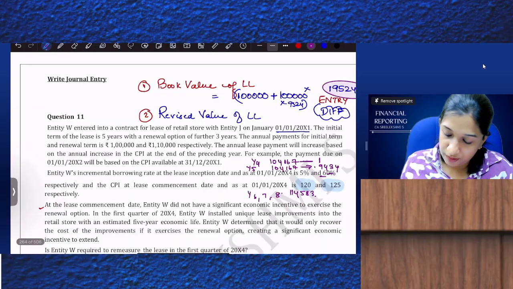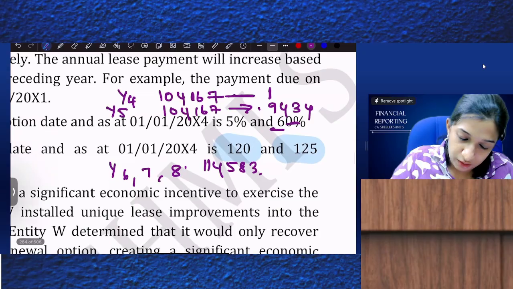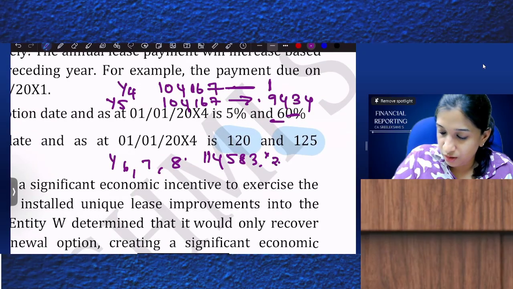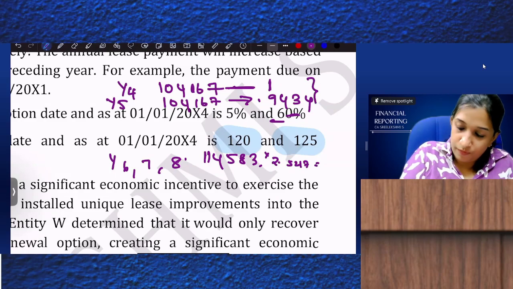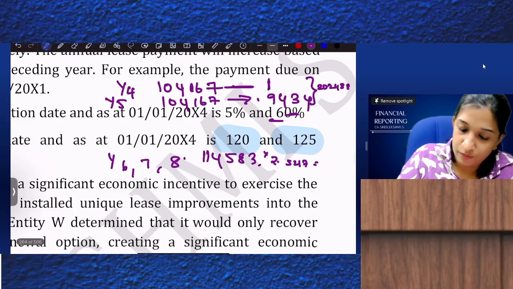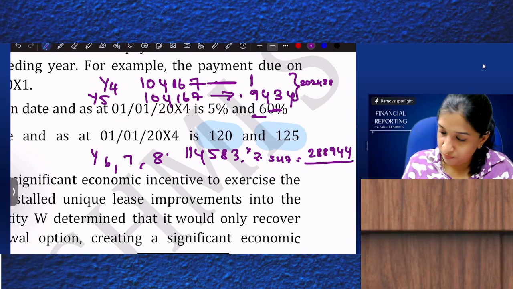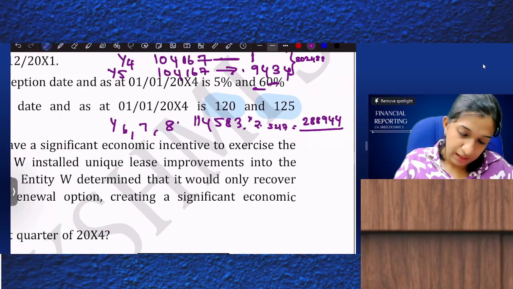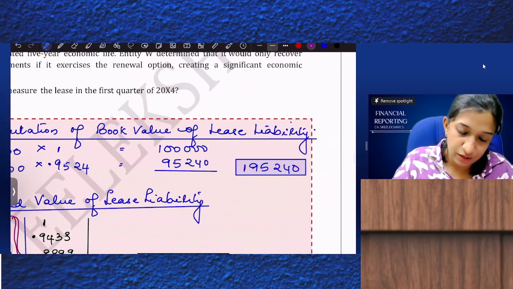So 1,14,000 divided by 1.06 and so on, the total is 4,91,382.